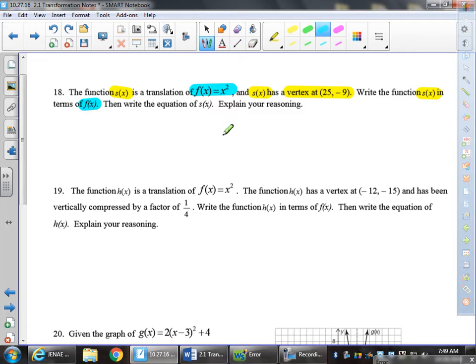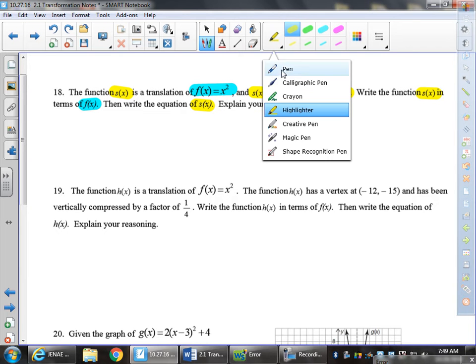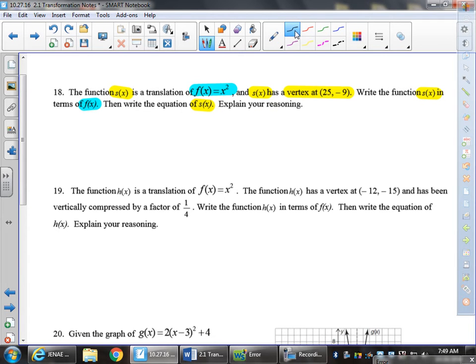Then write the equation of f. So this is going to be a two-part question, okay? Let's just take it a piece at a time. Where's our starting point? Read that first part. The function s of x is a translation of f of x equals x squared.